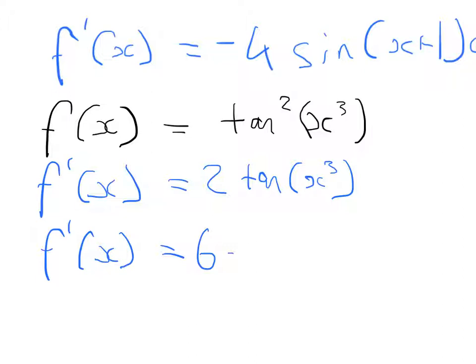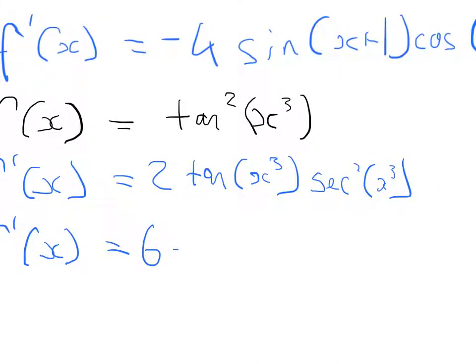So 2 tan x cubed times, right, we've got to differentiate the tan, which is sec squared, in this case sec squared x cubed, and then we multiply it by the 3x squared.